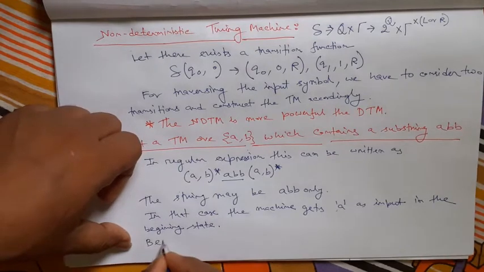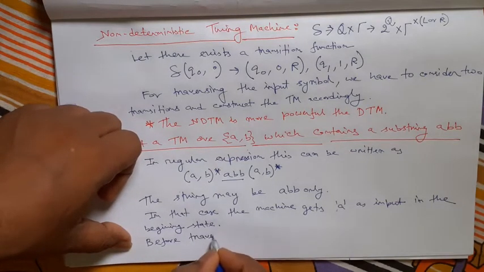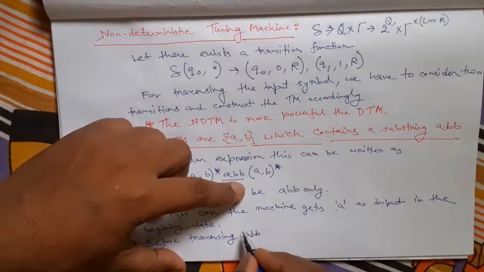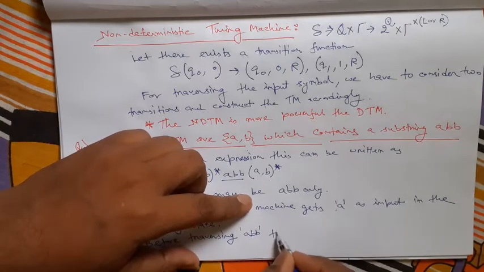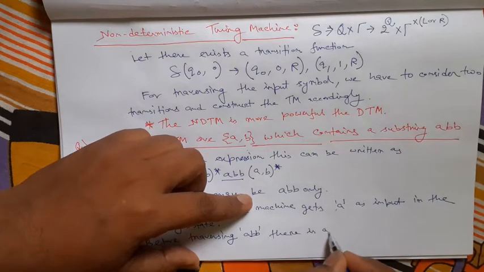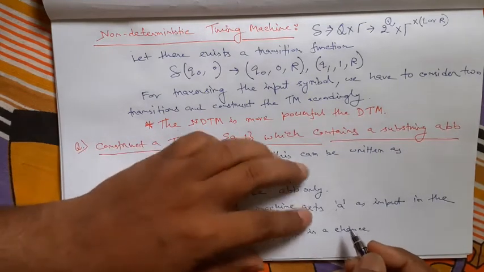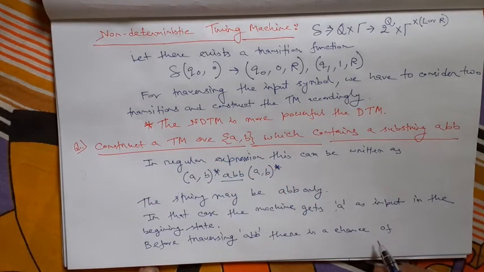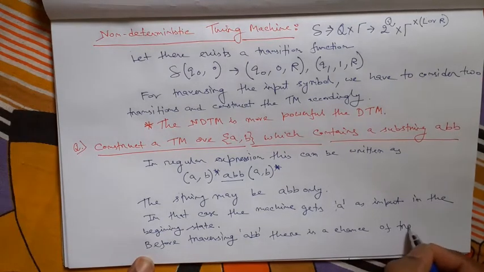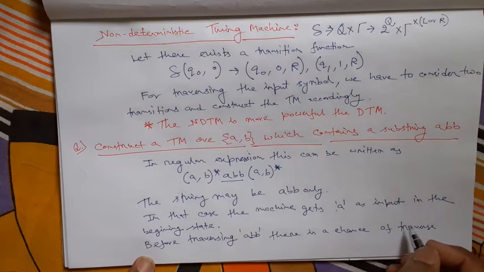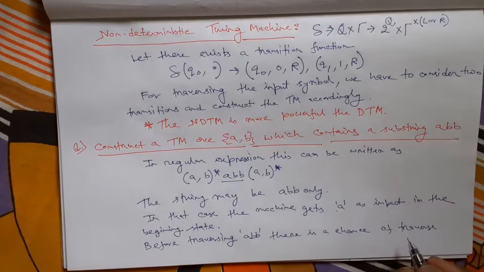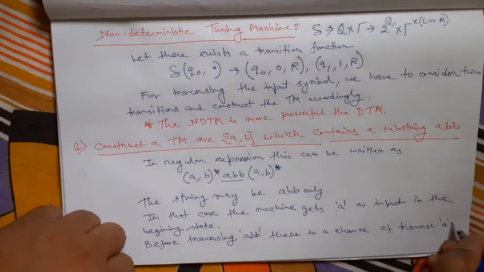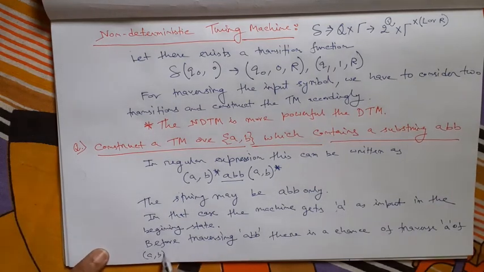But before traversing abb, there is a chance of traversing (a,b) star.